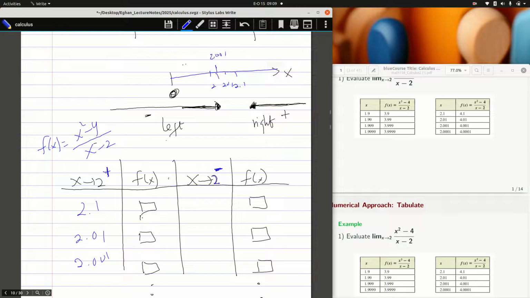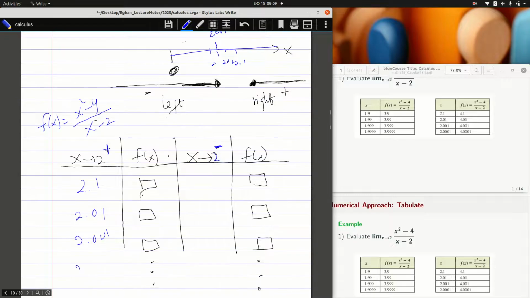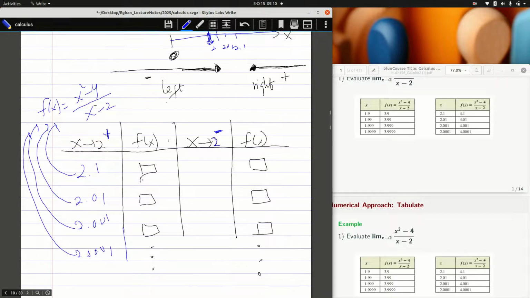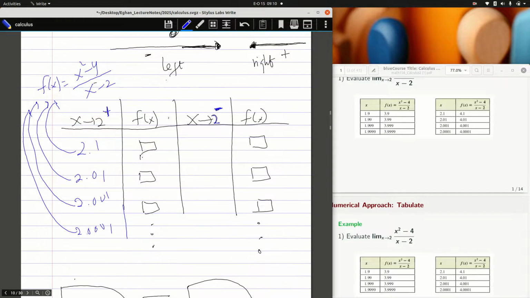I can still choose 2.0001. This is even a bit closer to 2. So if this is 2, I have numbers getting closer to 2. And then wherever I see x, I now do the substitutions here, and you should get some numbers. From my table, it's as if as I get closer and closer to 2, I'm going to get 4.001 if you do the substitutions very well for me.